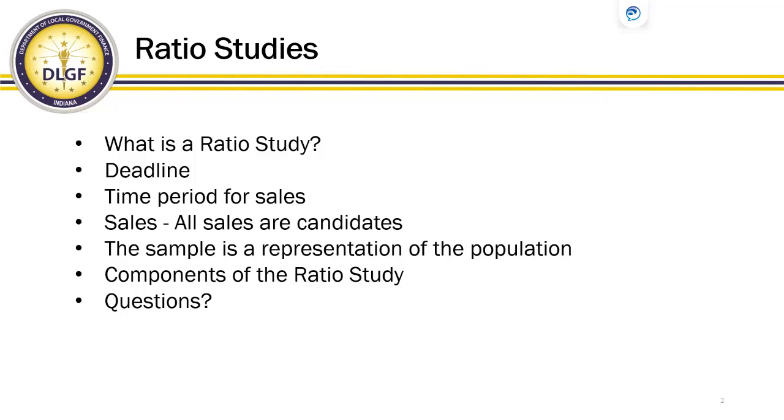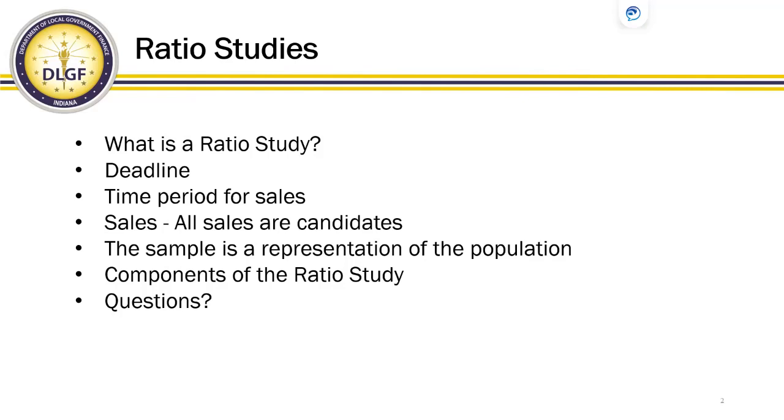Yeah, as you can see, this is just a quick summary of what we're going to get into today. We're going to start off with a definition of just what a ratio study is, and we'll talk about your deadline for submission, as well as the time period for the sales you'll submit, and what sales are candidates to be submitted for the ratio study. Next, we'll go over sample versus population and how we can make samples representative.